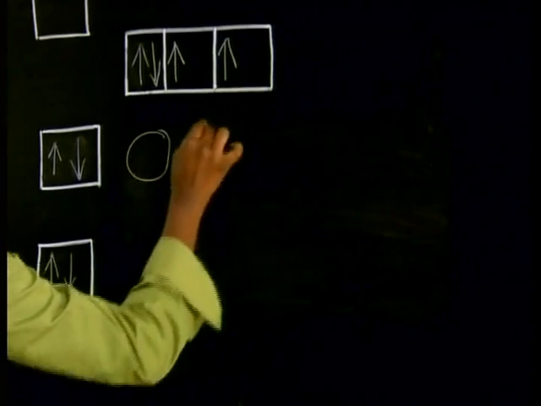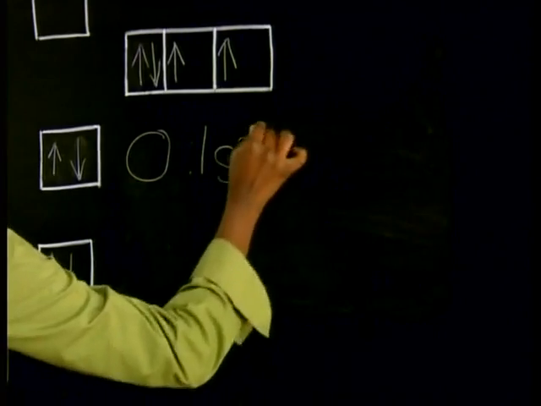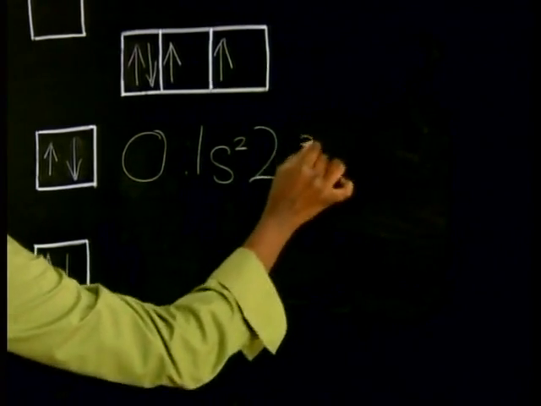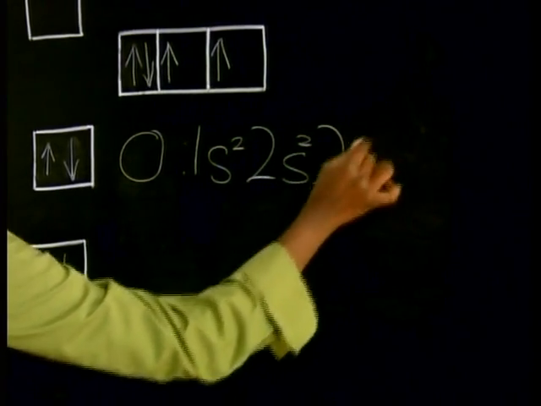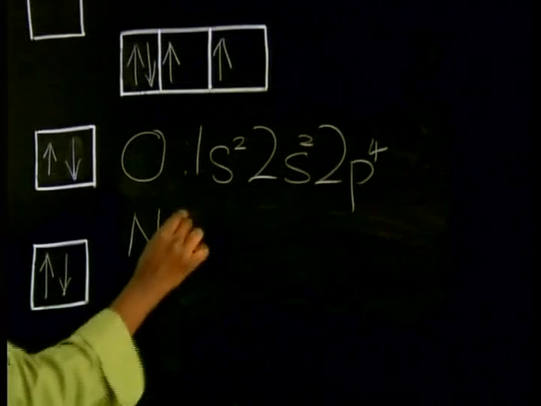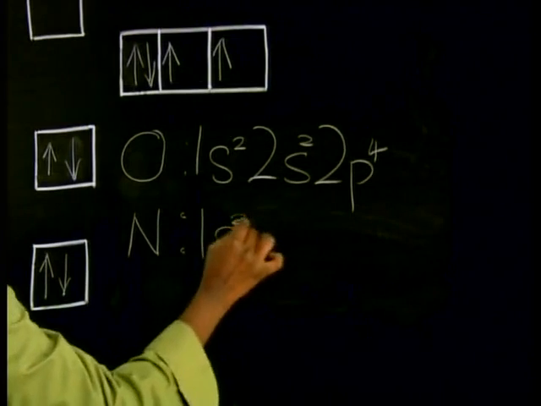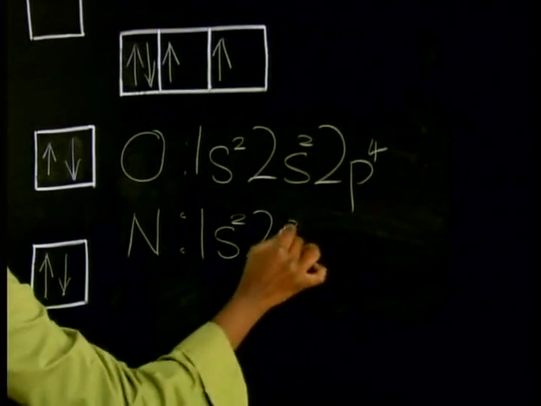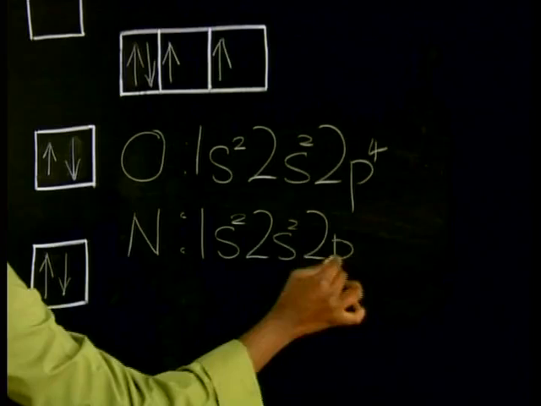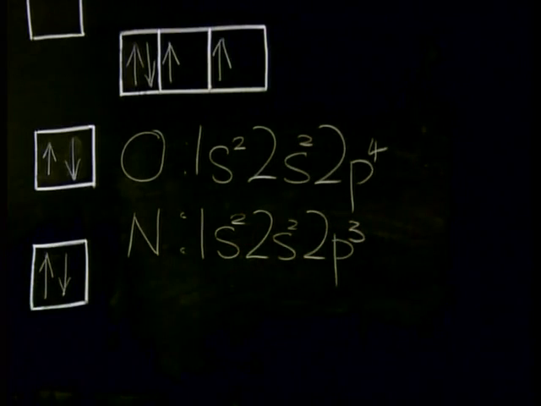For oxygen in group 6, the electron configuration is 1s2, 2s2, 2p4. For nitrogen in group 5, the electron configuration is 1s2, 2s2, 2p3. In the nitrogen energy level diagram, the p sublevel is half filled. For oxygen, we have one more electron in this sublevel.